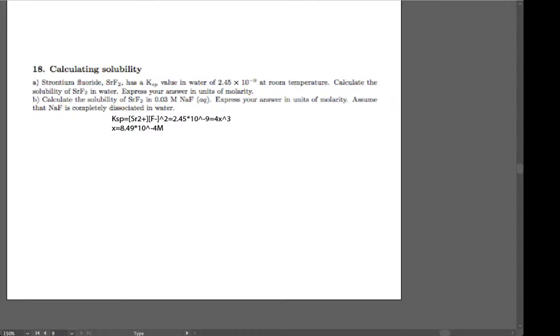It doesn't give me the volume, it only gives me the thing. What if I assume that the thing is different? No, I cannot. What I'm doing is just adding it. 0.03, which would mean it would dissociate to that. But then the fluoride would also react with the other fluoride.